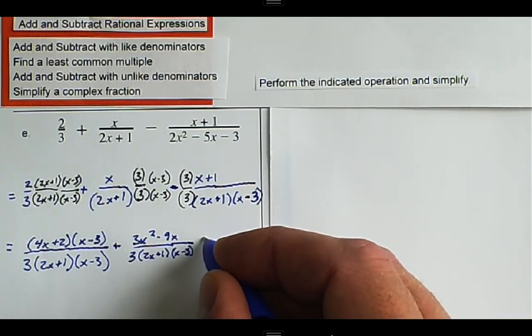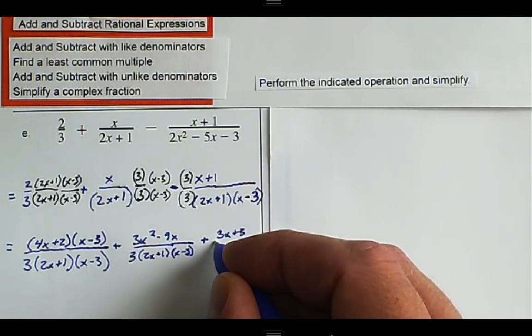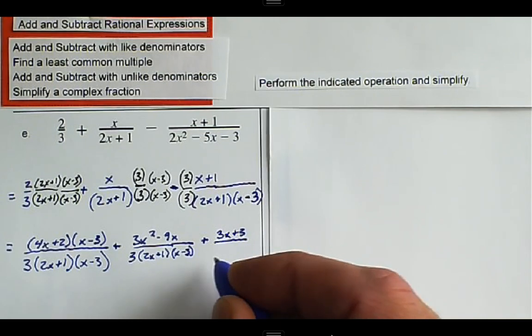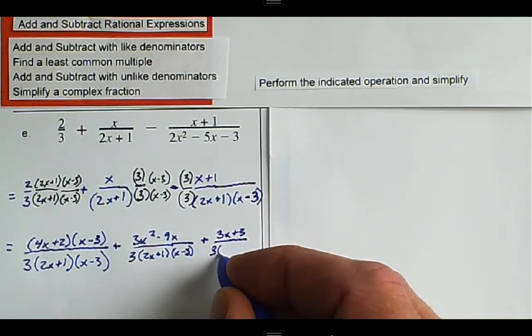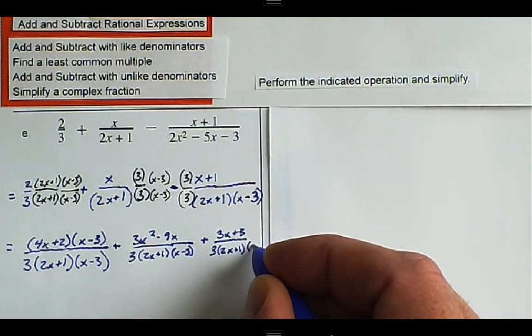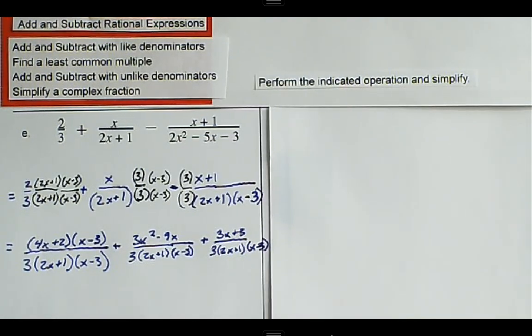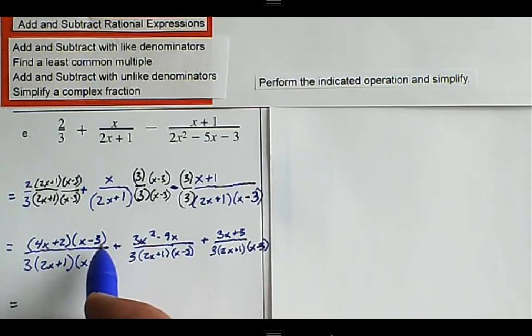And then we're going to add 3x plus 3 in the numerator, and the denominator is still going to be the same, 3 times 2x plus 1 times x minus 3. So we have that all set, and then we can distribute further. We have these two binomials that we can multiply together.